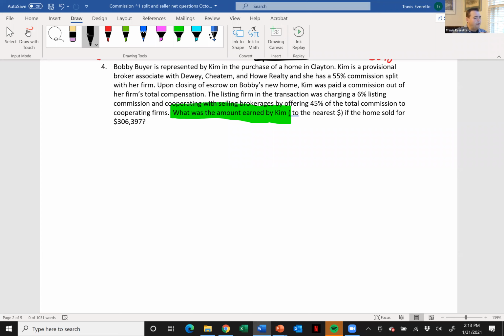So I want to map out what we already know, because every transaction, every commission starts the same. We have a sales price at the top. And then from that sales price, we come down here to a total commission number. So we said that was the total commission. Okay.